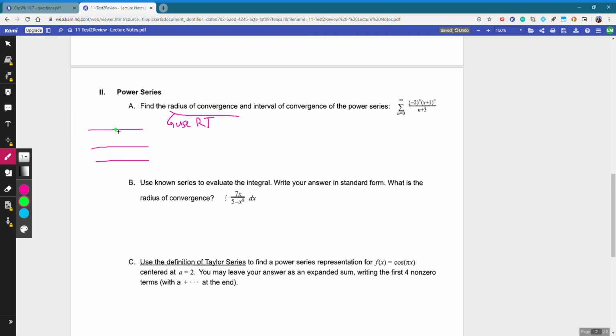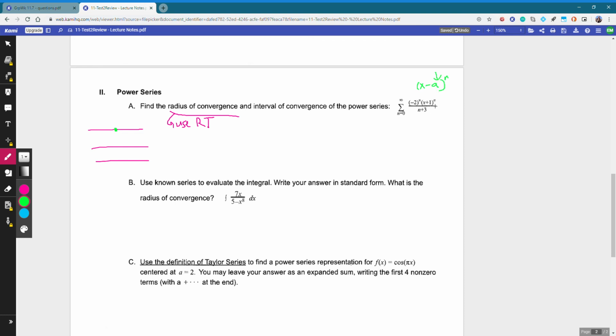only at its center, which, pop quiz, what is the center of this power series? Remember, we can spot the center by seeing what we have in the x minus a to the n, right? And that's how we can spot our center.